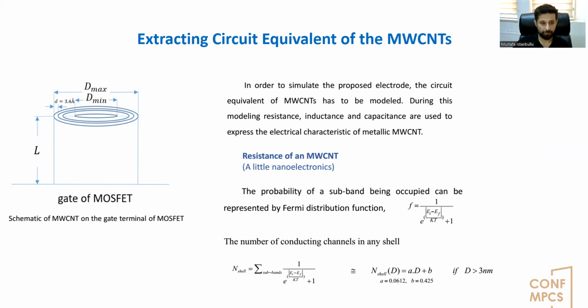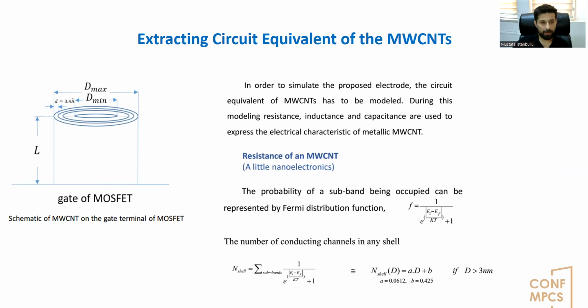And L is, of course, the length of the carbon nanotube. During this modeling, resistance, inductance, and capacitance parameters are used to express the electrical characteristics of carbon nanotubes. Now, we need to talk a little about some nanoelectronic phenomena.